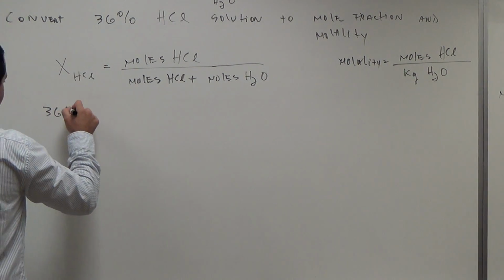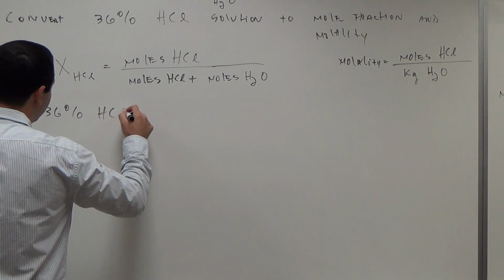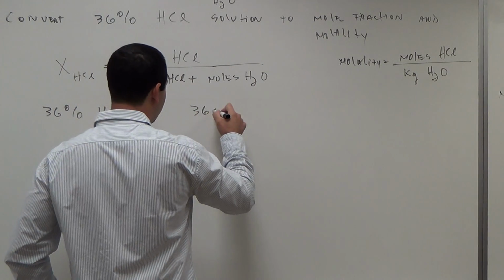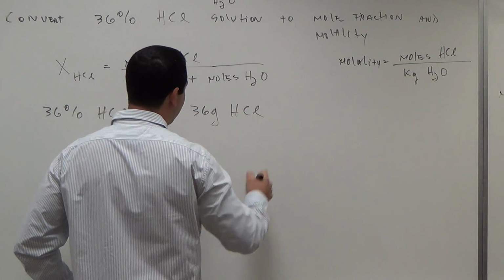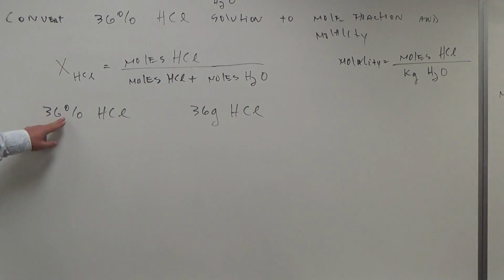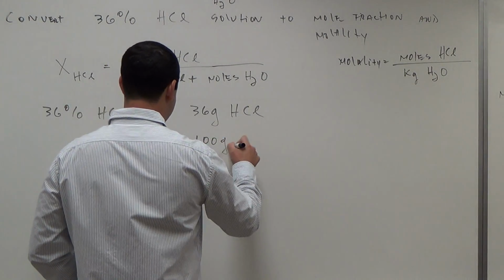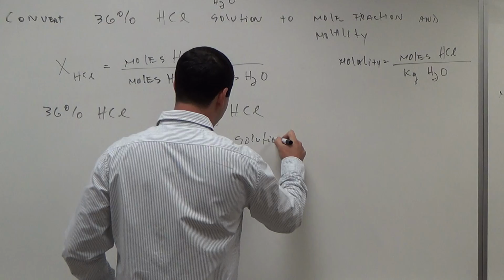What does this 36% HCl mean? It means 36 grams of what? HCl. And what is the total? Because in order for this to be percent, you have to have a total. The total is 100. 100 grams of the whole thing, both of them added together.